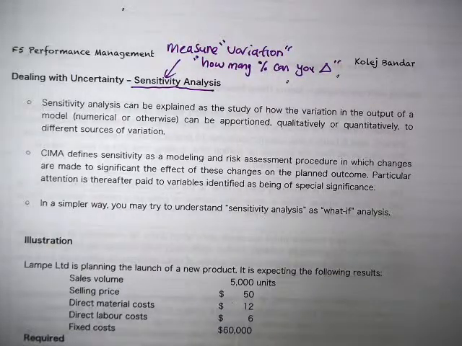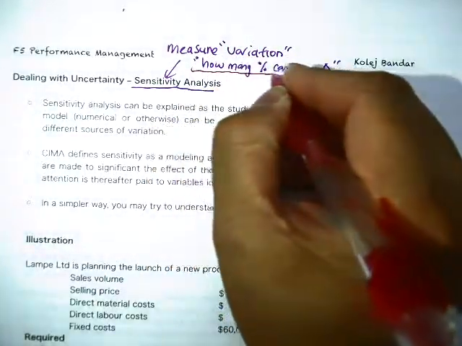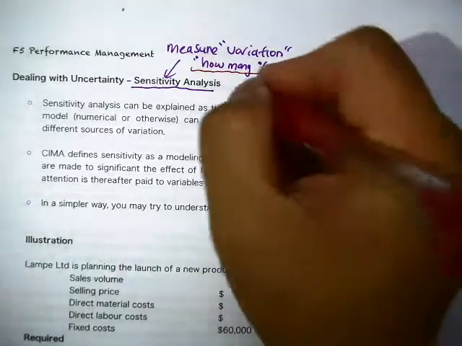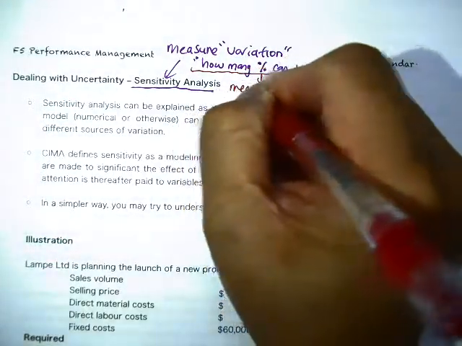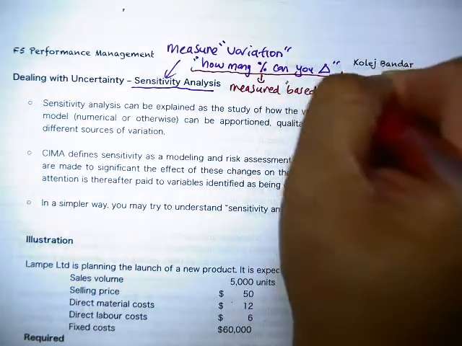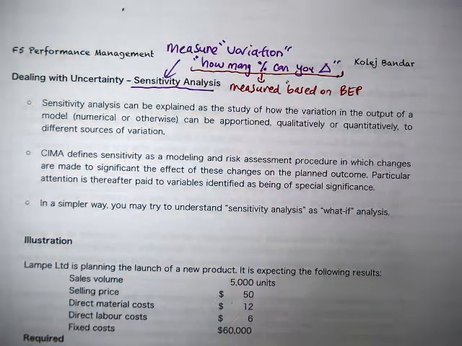So when you say how many percent can you change, usually we will measure it based on the break-even point. Now, to show you what is called sensitivity analysis, it's a very small thing. See this example here.